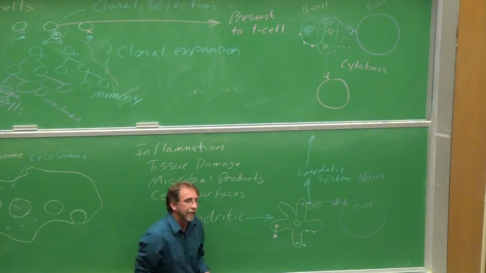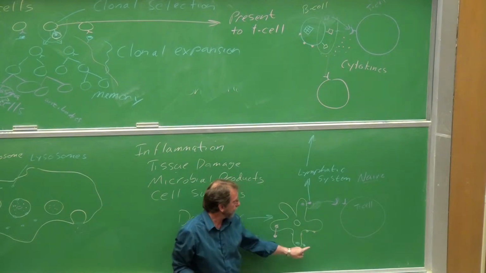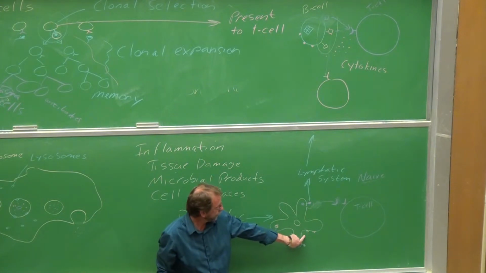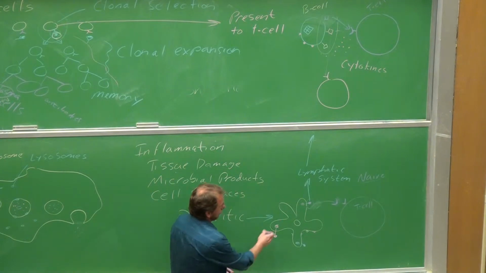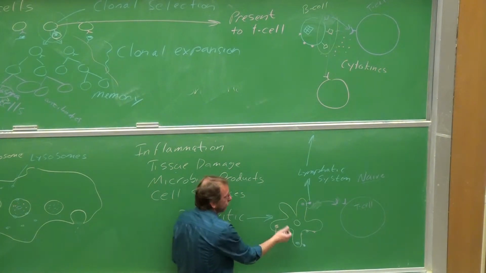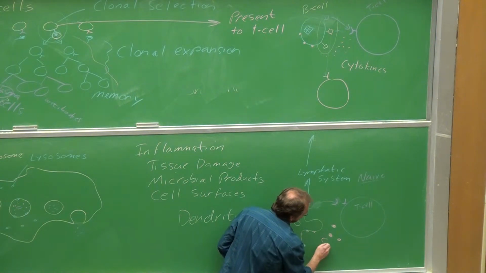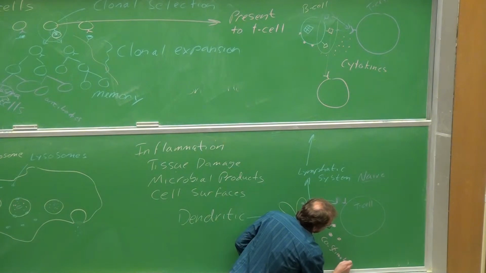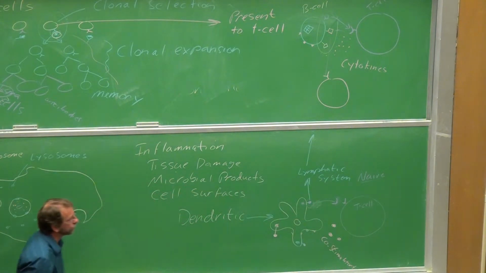Okay, so if this antigen that is being presented to the T cell happens to come from a bacterial cell, and we would know it's coming from a bacterial cell because these toll-like receptors have been bound, then the dendritic cell releases a chemical called a co-stimulatory molecule.